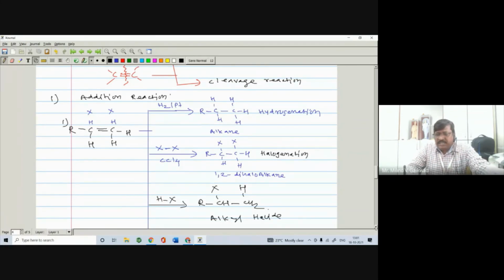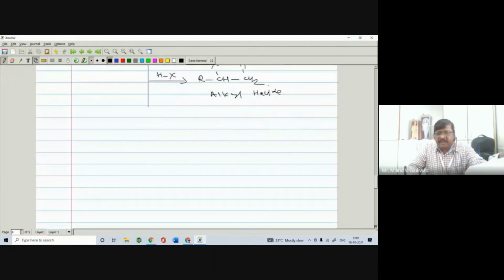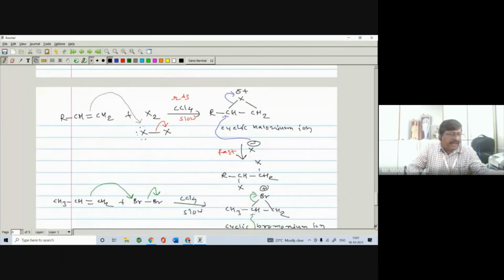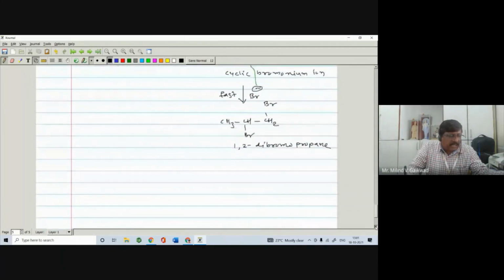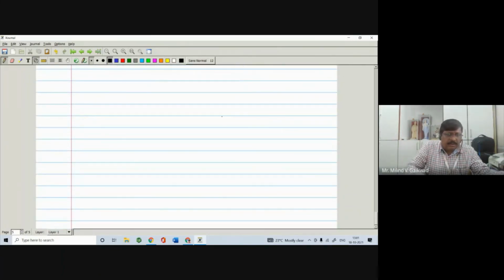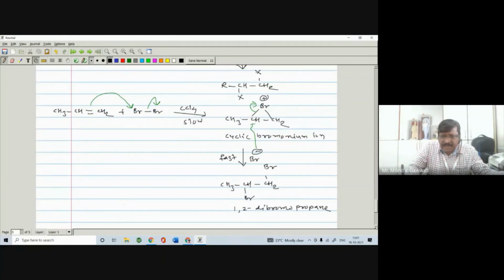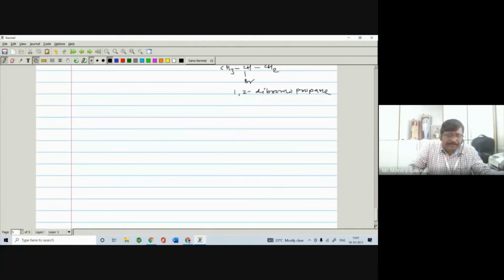So this is the next reaction. The same reaction can be explained by the mechanism. So let us see an example of the same reaction. R, CH double bond CH2 reacts with HX, hydrogen halide.